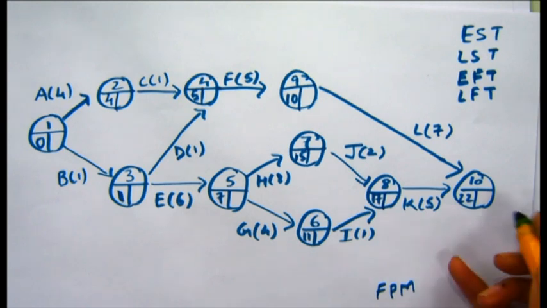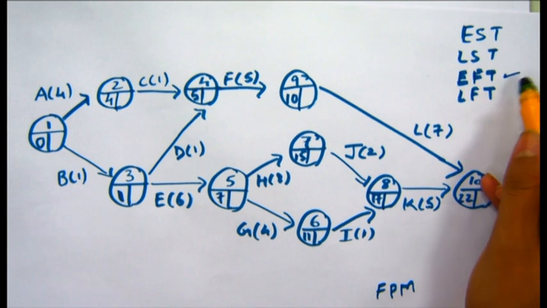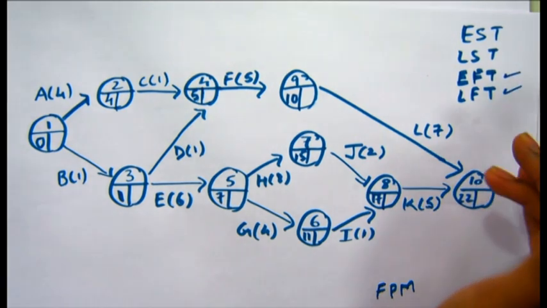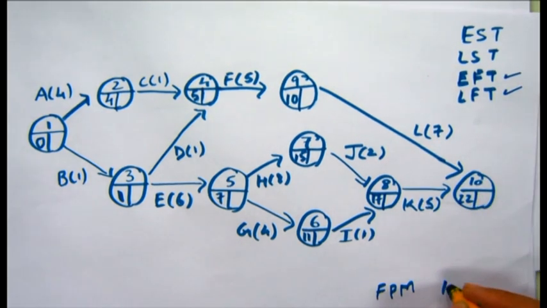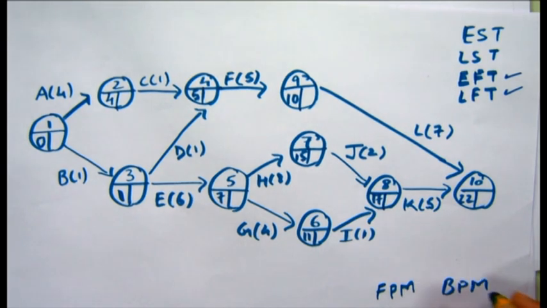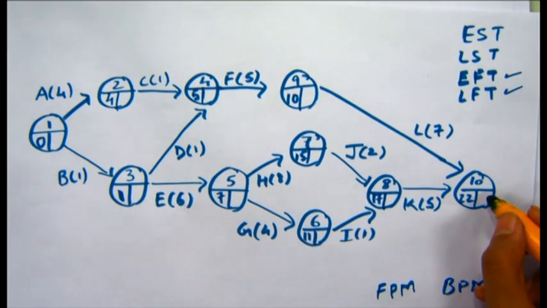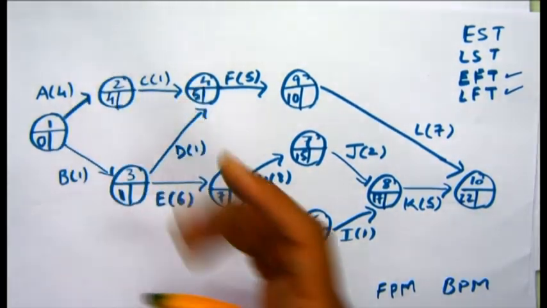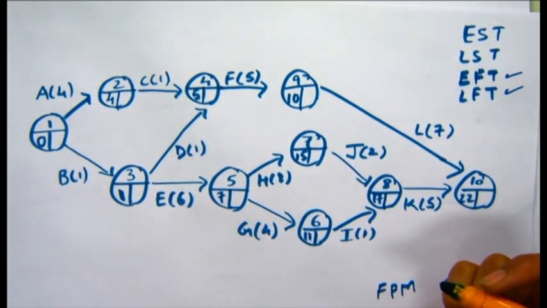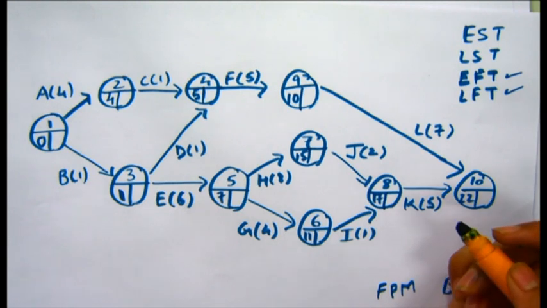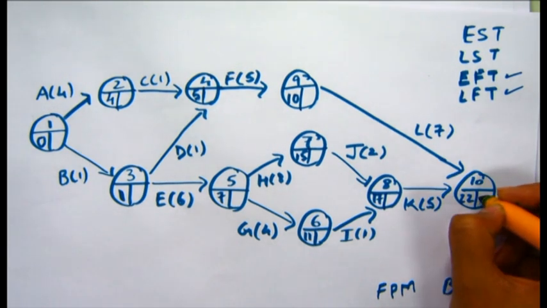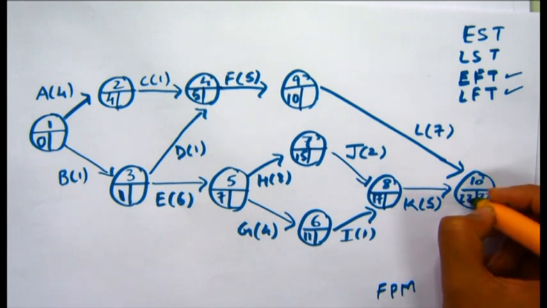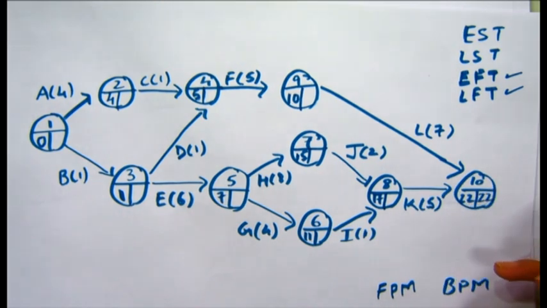Now, to calculate the earliest finish time and the latest finish time, we need to adopt the backward path method, which means that we start from the right hand side and move towards the left hand side of the network. As given in the theory, we simply write 22, which is the same as the earliest start time here.